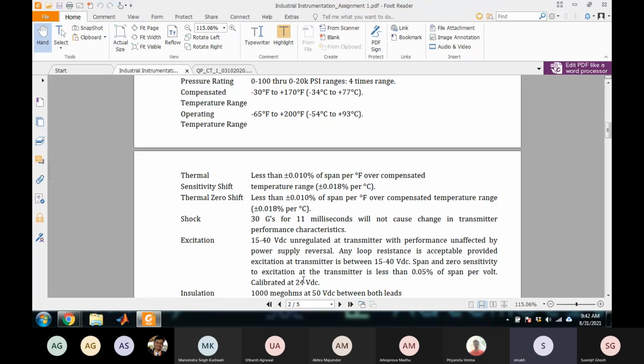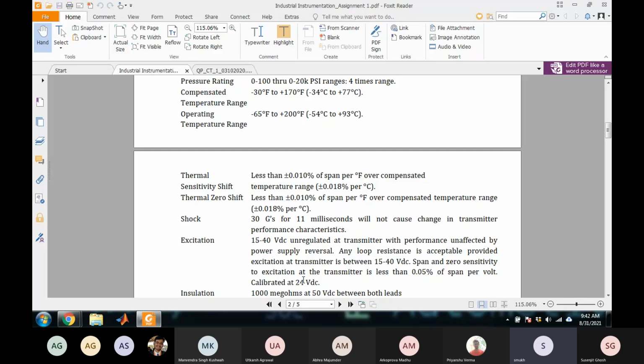So what comes then? 0.128. Is it 0.128 or is it 1.28? 1.28 will be too much. 1.28 cannot be.